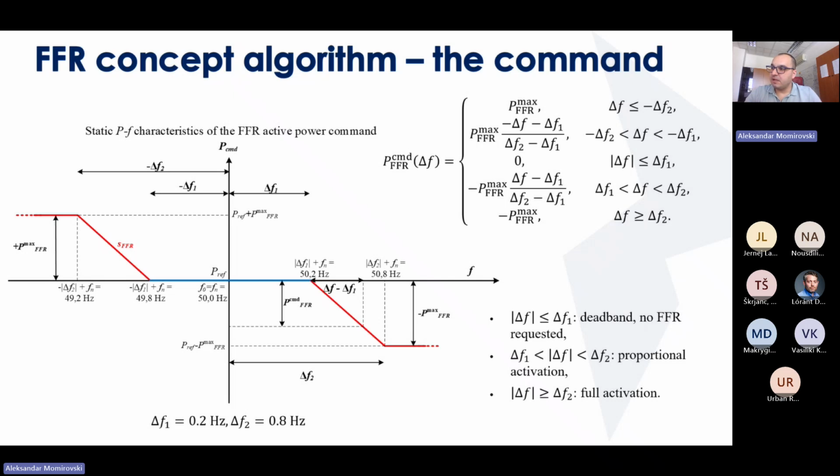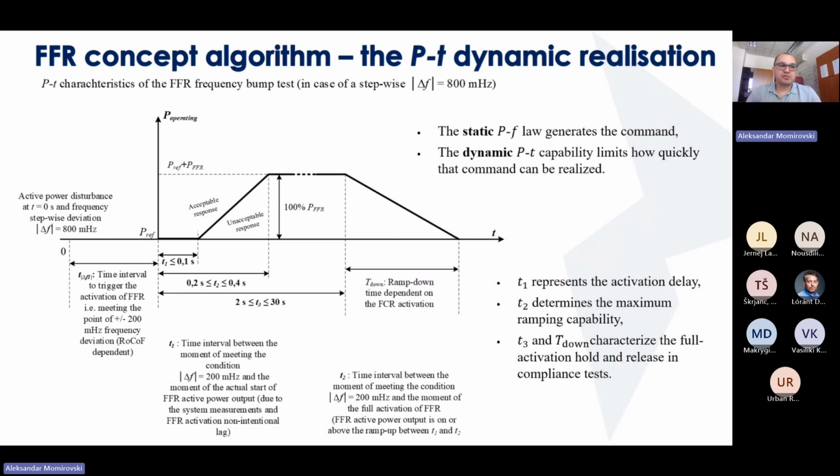So we activate FFR where the deviation is 200 millihertz, with full activation at 800 millihertz, because we wanted to have the real capabilities of the elements which could provide this kind of service. And as you know, it's trivial to emphasize the dynamic realization of this kind of service because the devices or the elements which can be the providers of this kind of response are not unlimited regarding their ramping capability.